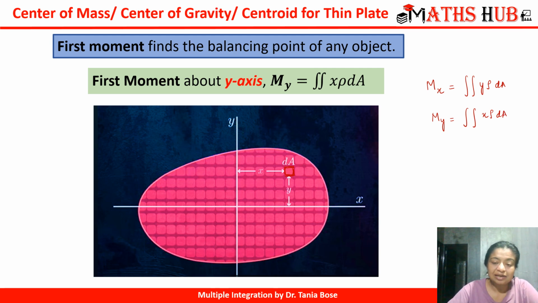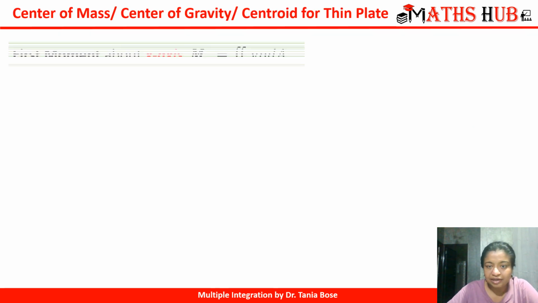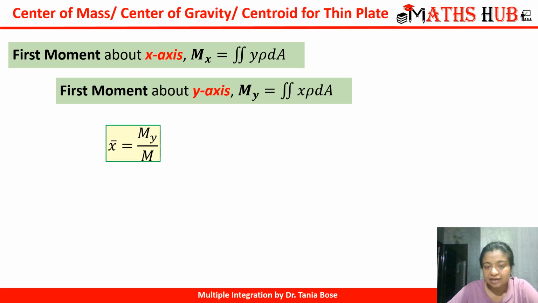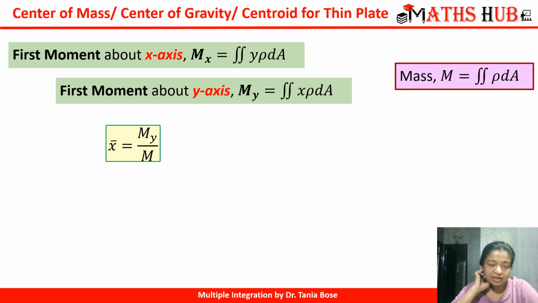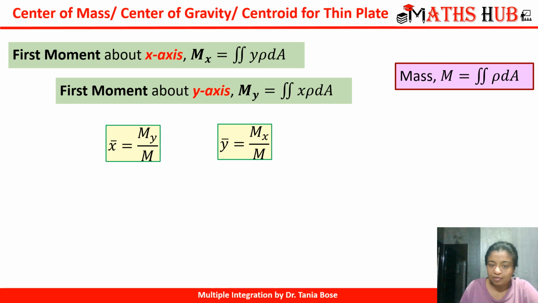How do you calculate the point? The point is calculated as x bar equals My upon M and y bar equals Mx upon M, where the mass of that object is calculated as double integral rho dA, right?